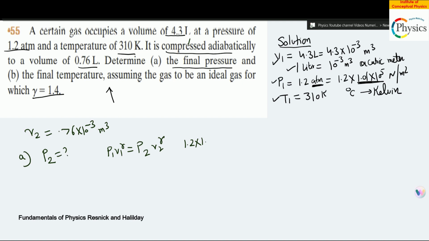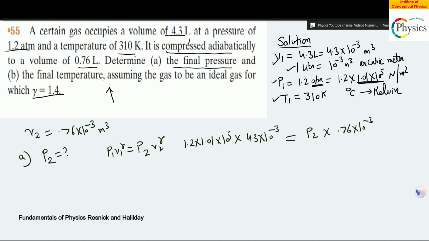1.2 into 1.01 into 10 raised to power 5 multiplied by 4.3 into 10 raised to power minus 3 is equal to P2. P2 is to be found out. What is the volume here? The volume here is the second volume, 0.76 into 10 raised to power minus 3.